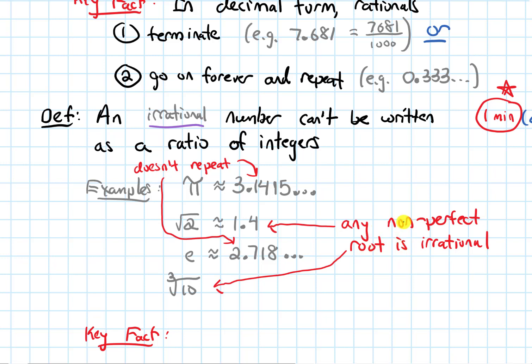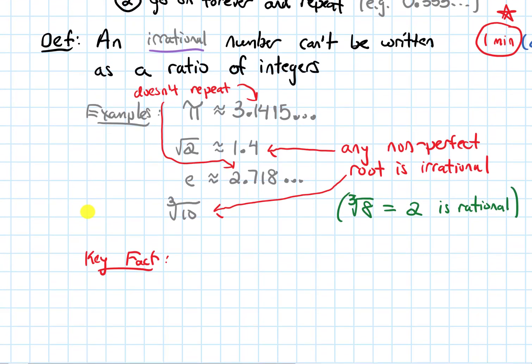Let me give you an example of a perfect root to show you how it's different. If I had cube root of 8, that is a perfect root because it perfectly equals 2, and 2 is rational. So any root that doesn't simplify perfectly to a nice value like this will end up being irrational.